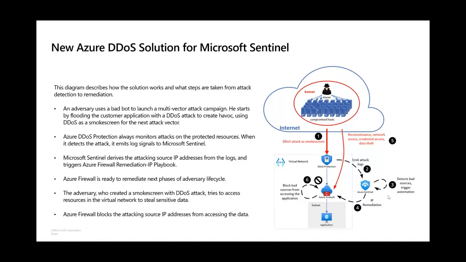When the automation is triggered, we send the IP remediation to the Azure Firewall to start blocking that IP address. And then we see the bad actor up here trying to run some data theft, and the IP being blocked by the Azure Firewall here on step 6. So this is pretty much how the solution works.